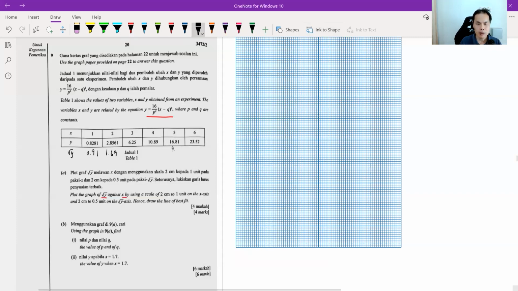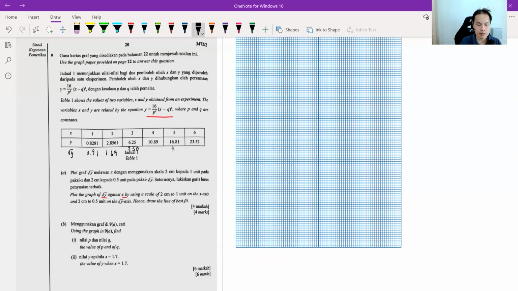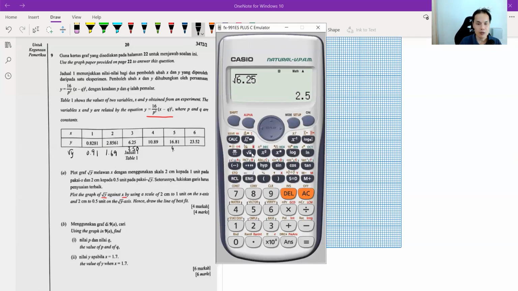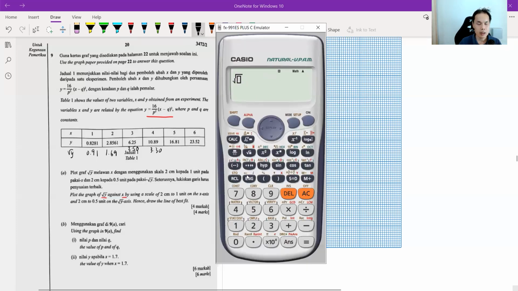If you square root it, I think it's 2.5, right? But never mind, I'll just show you here. 2.5. Maybe I use one more decimal point, 2.50. Then the next one, I'll take square root of 10.89. I will get 3.3, 3.30. Okay, the next one, number 5, I take square root of 16.81.